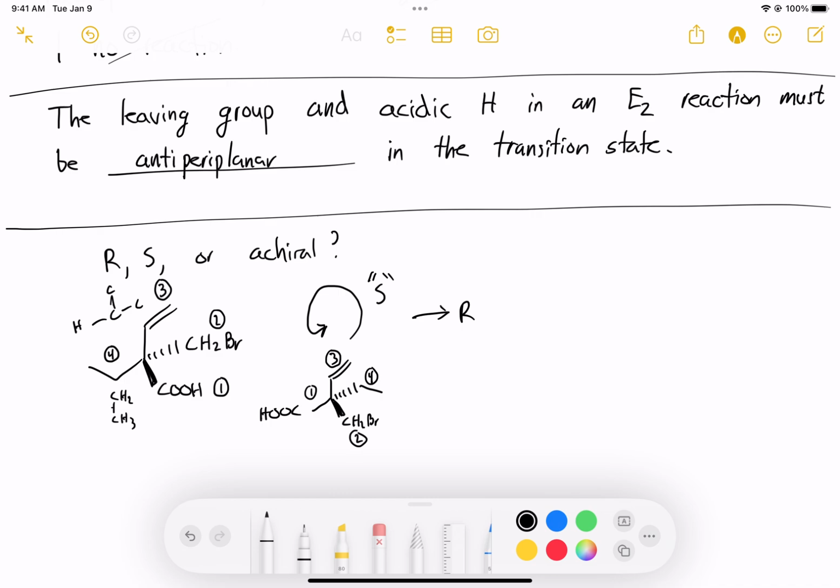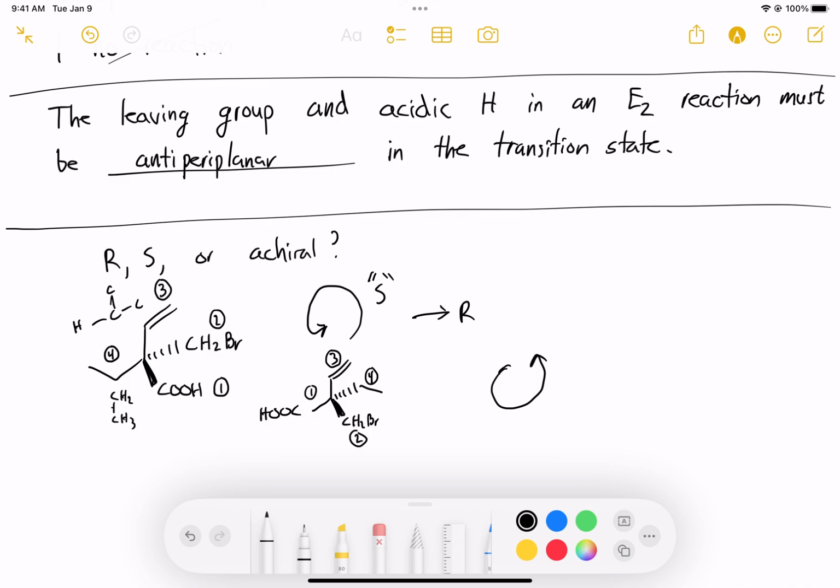I mean, right? Huh. Because now it looks like S. Okay, well, I'm guessing the reason we see this is because... Honestly, this doesn't make sense.